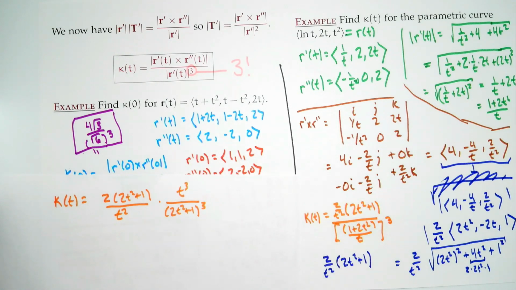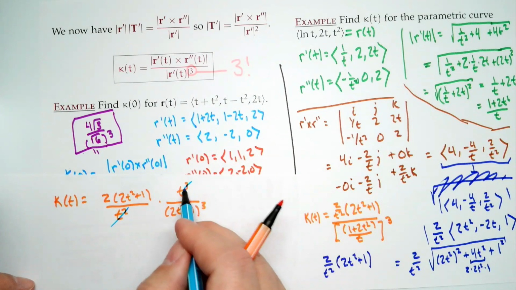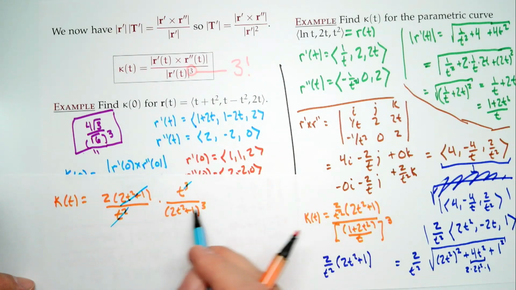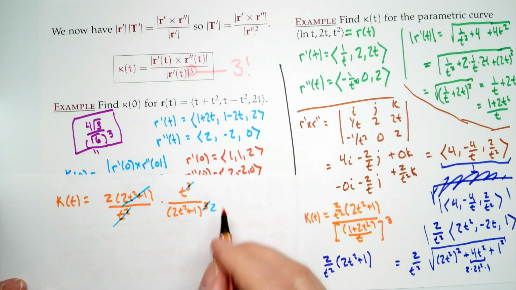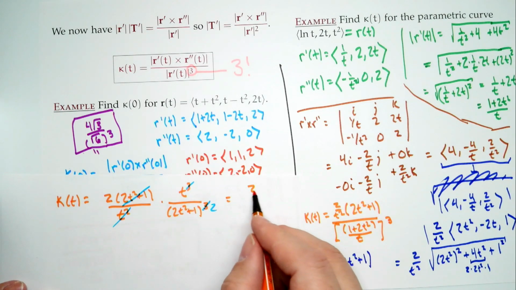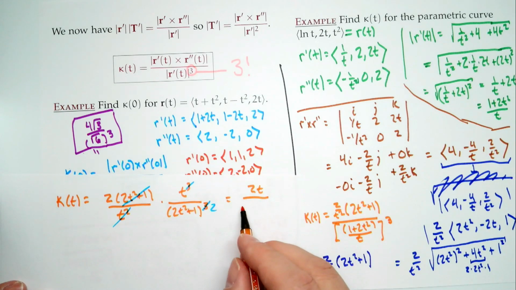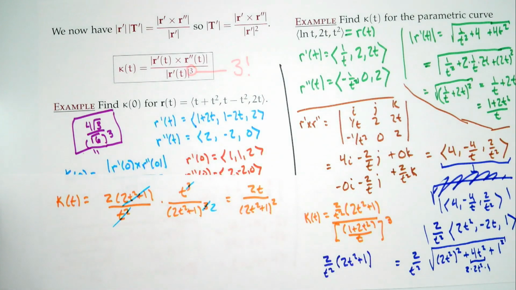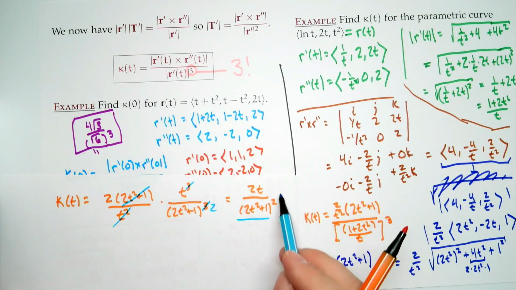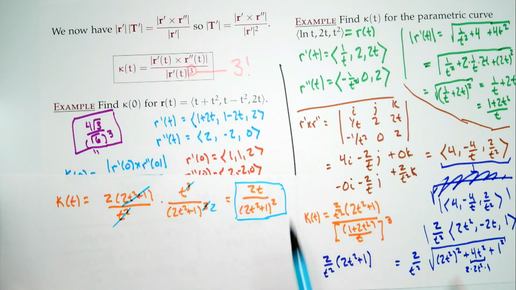The t squared goes into the t cubed. You've got a 2t squared plus 1, getting rid of one of them. So you end up with something pretty clean. 2t divided by 2t squared plus 1 squared. So that is the curvature, about as clean as you can get it. And that's pretty clean.